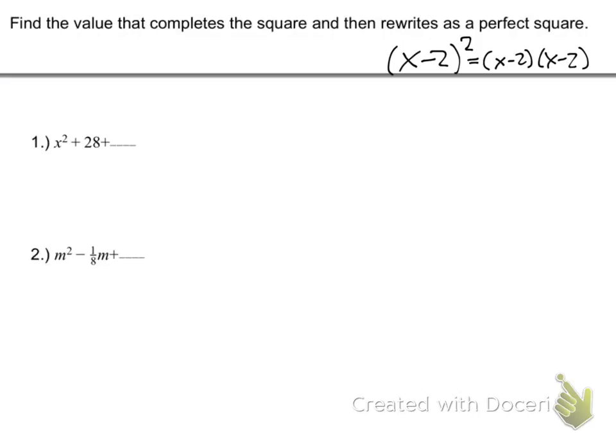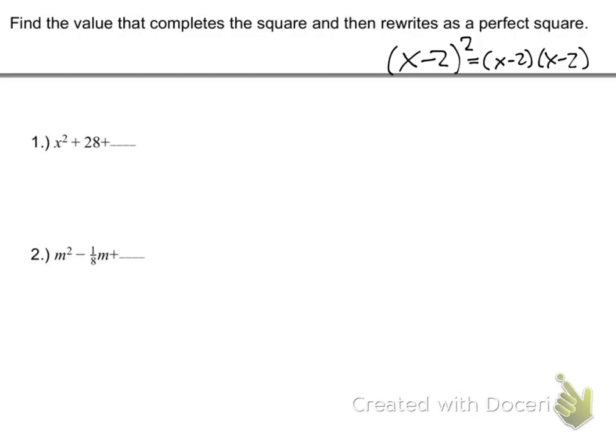So if I can create something off of number 1 and 2 there that I can factor to the exact same factors, that means I can write it as x minus 2, or x minus whatever it is, squared. That's what I'm aiming for.